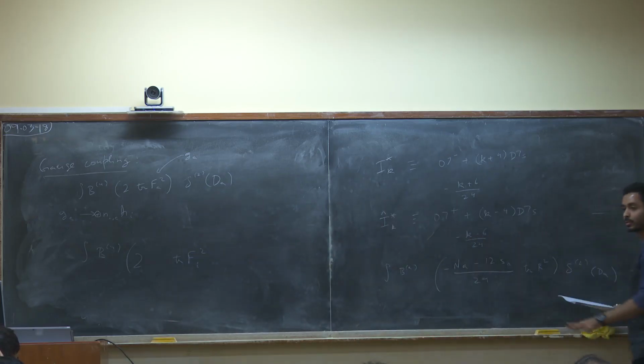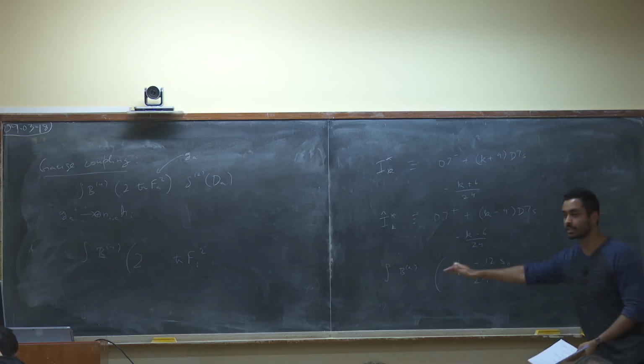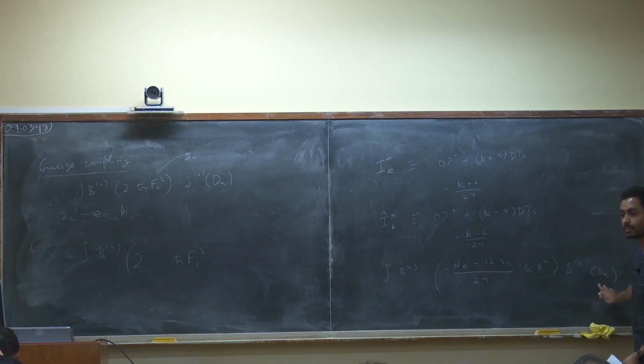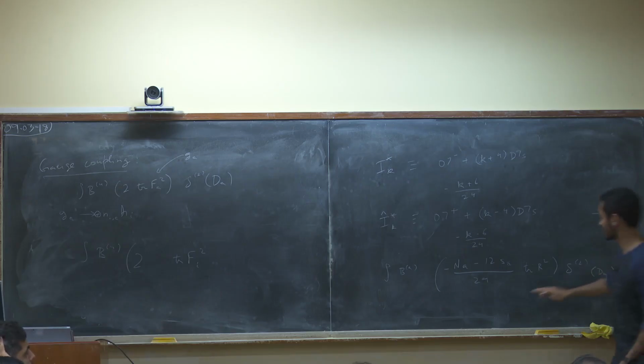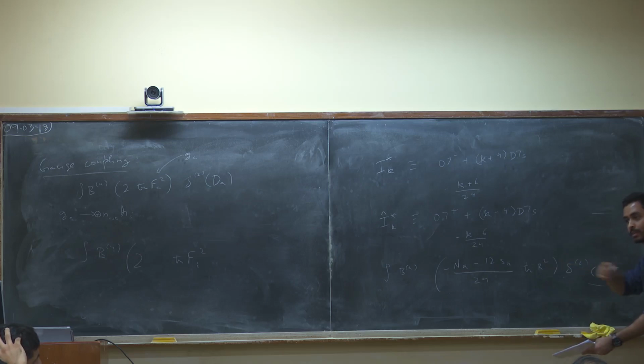This coupling does not contribute at all, because you're not wrapping D3s on the curve. No, I'm saying you're getting, without the D3 branes, some charge. No, so this is a coupling for D3 branes, but there is a delta function. It happens only when D3 branes wrap this curve.